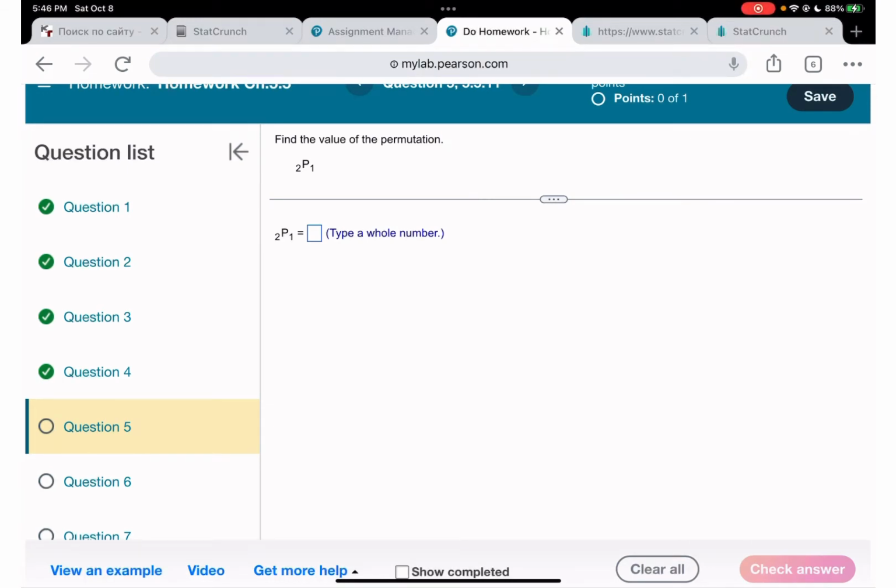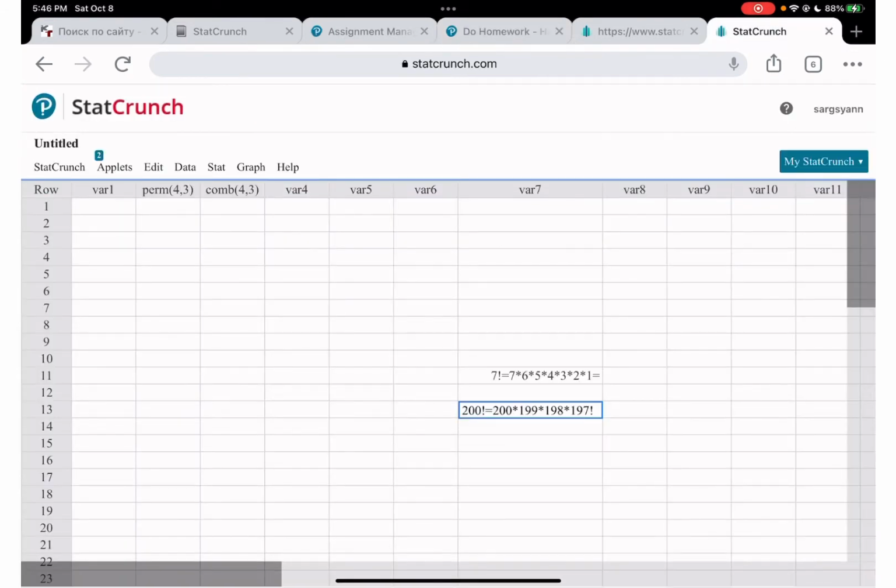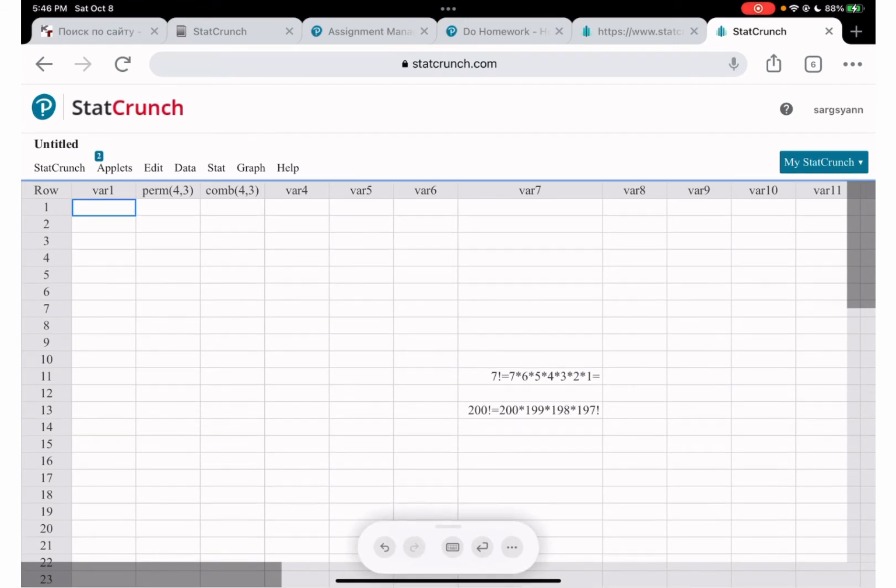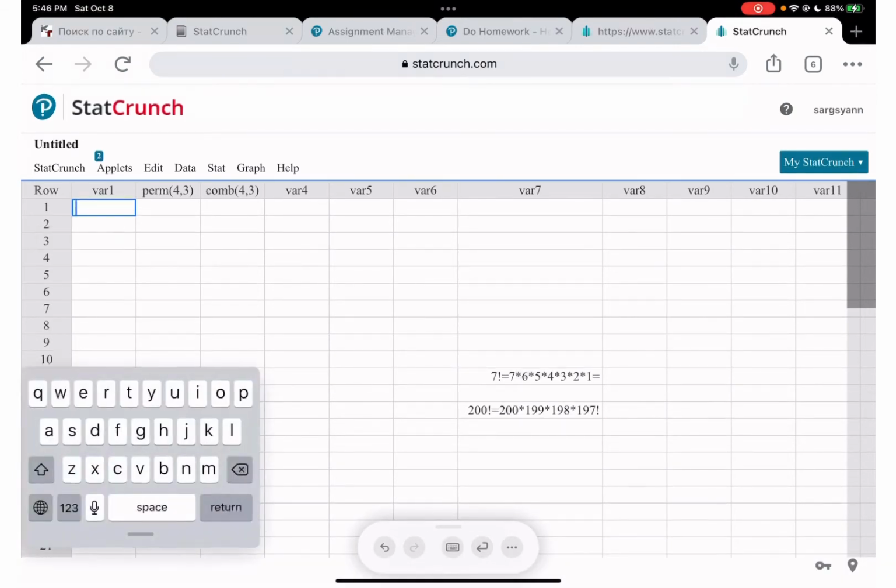So let me show you how to use permutation using StatCrunch. So what do we have? N is the full set, equal to 2, and here I'm writing R, because R is the selected amount, N is the total amount.